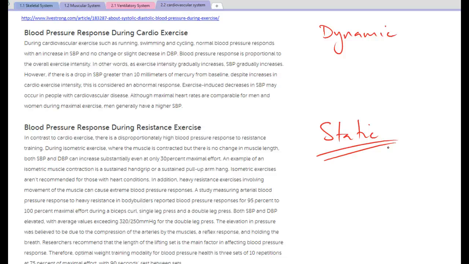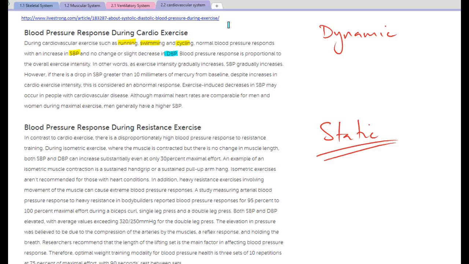So during cardiovascular exercises such as running, swimming, cycling, normal blood pressure responds with an increase in systolic blood pressure and no or even a possible slight decrease in diastolic blood pressure.